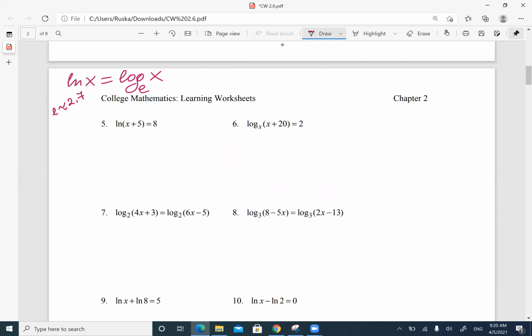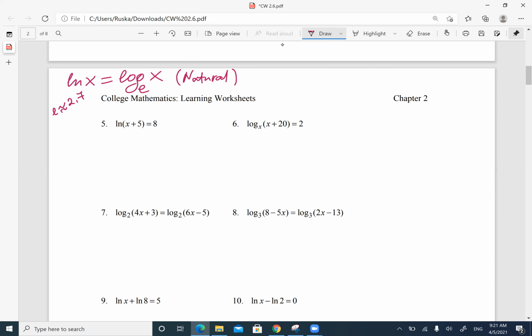We talked about the number e, an irrational number like pi, and it's about 2.7. The number is used in science a lot, so it's a very commonly used logarithm. So if you have logarithm with base e, then you're going to see ln. And this logarithm is called natural log.